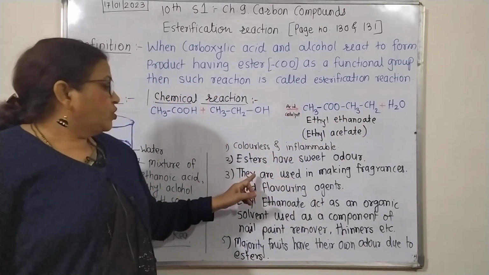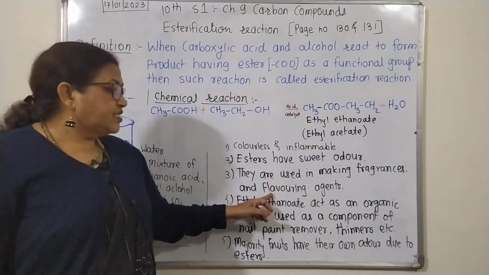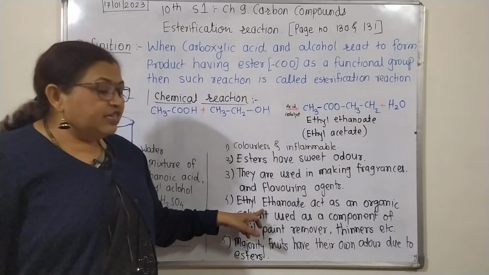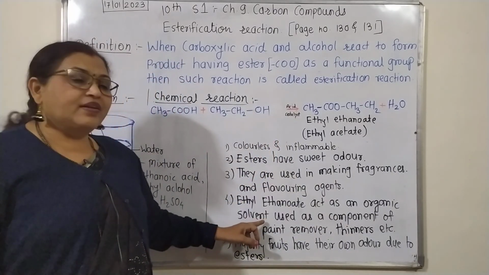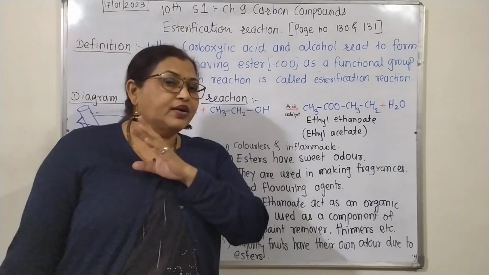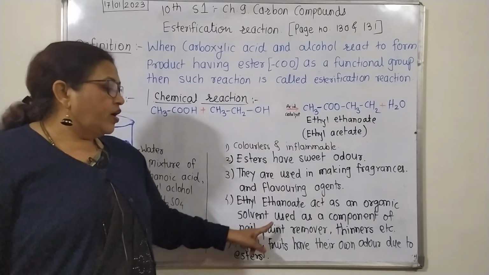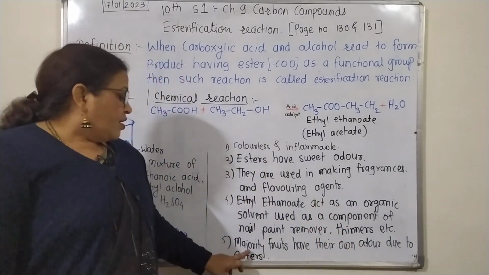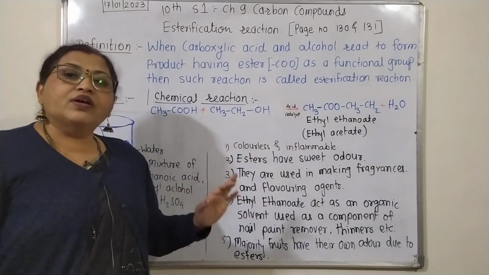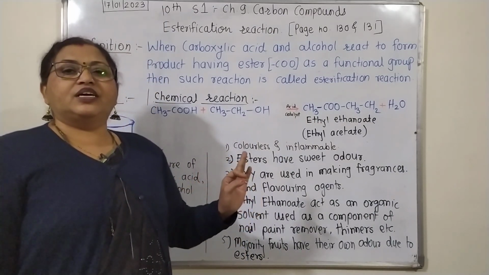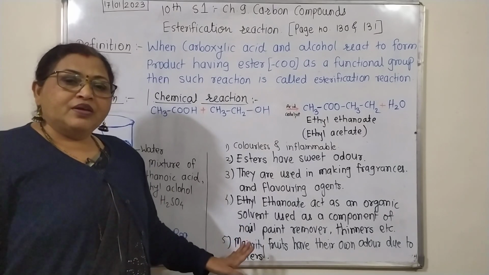So they are used in making fragrances and flavoring agents. Ethyl ethanoate acts as organic solvent and which is one component of nail paint remover or thinners, and mostly so many fruits have their own natural esters present in them.